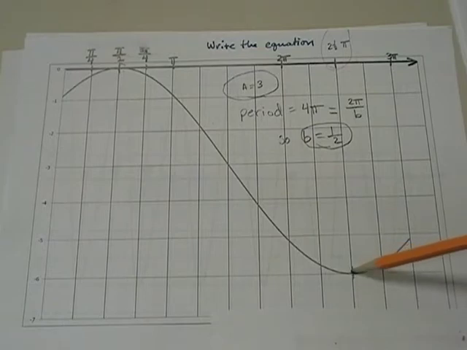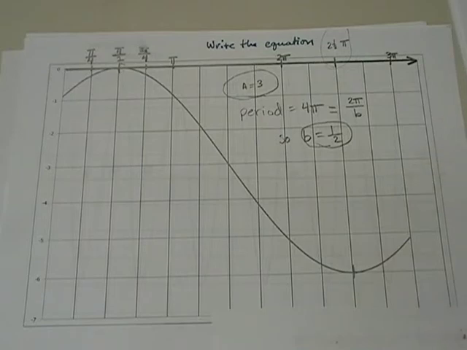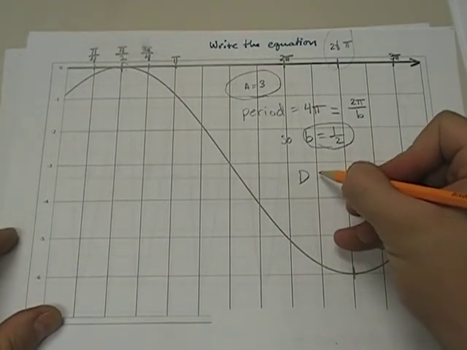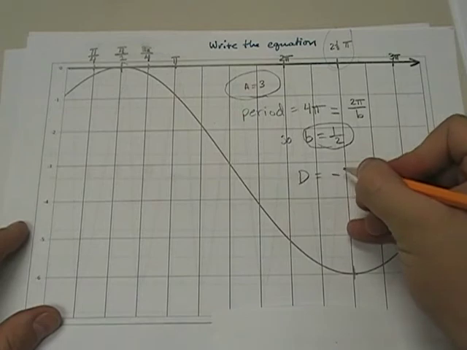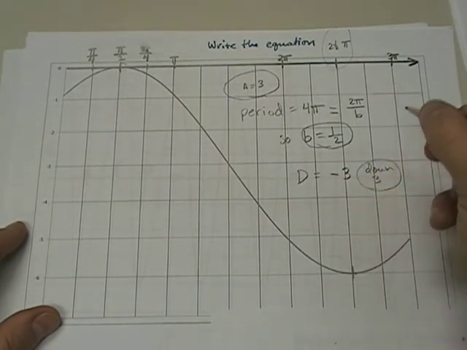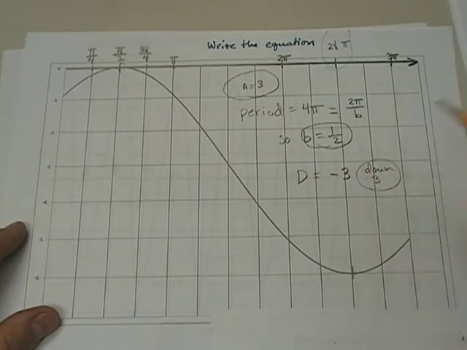The minimum should be at -3, but it's at -6. It's also moved down 3 units. So I can infer that all points on this graph have moved down 3 units. So my vertical translation, D, is down 3 units, or -3.